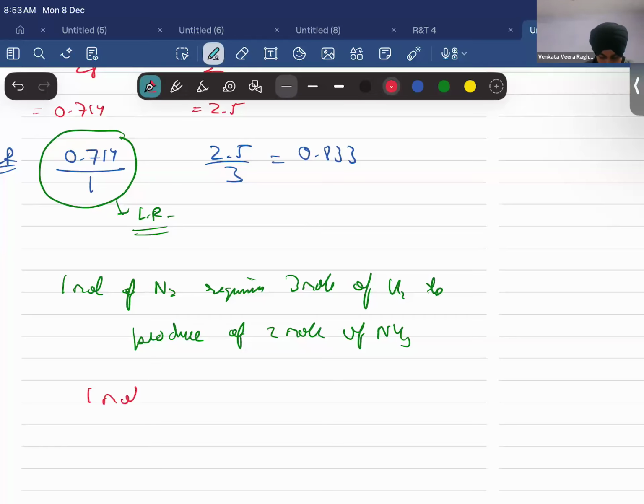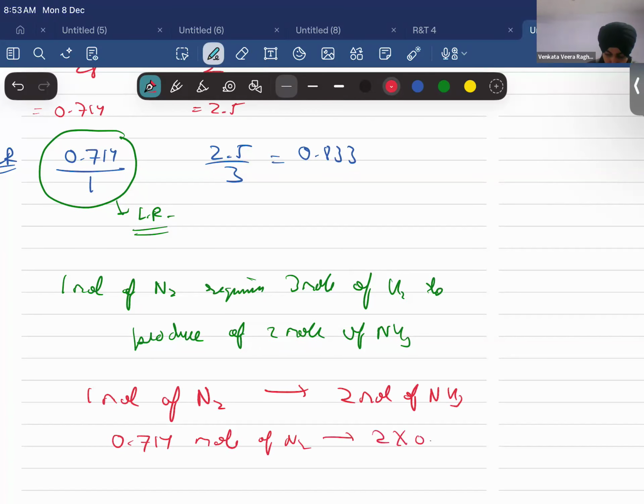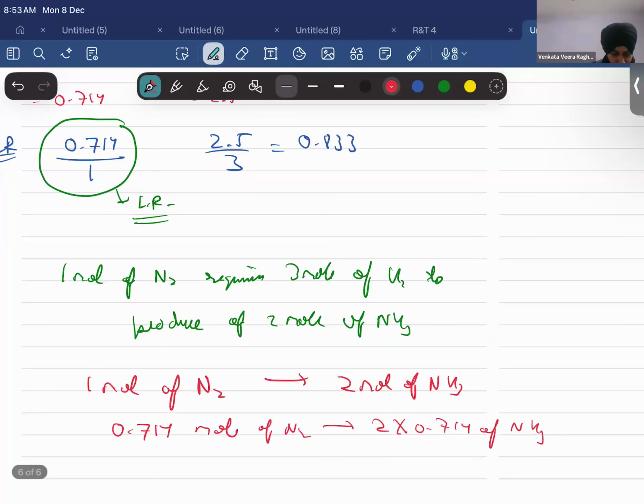So that means 1 mole of N2 gives me 2 moles of NH3, and you are having 0.714 moles of N2, so it will be producing 2 into 0.714 moles of NH3, which I guess is whatever you said. Correct, right?